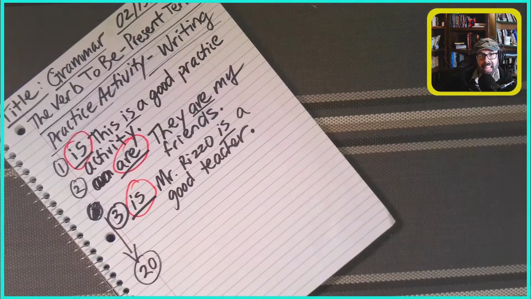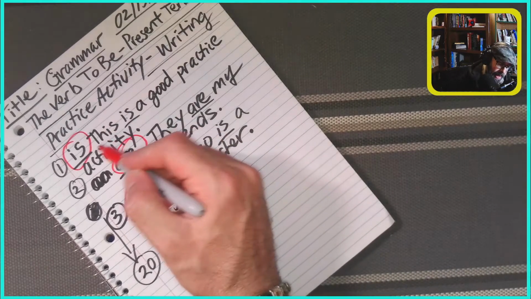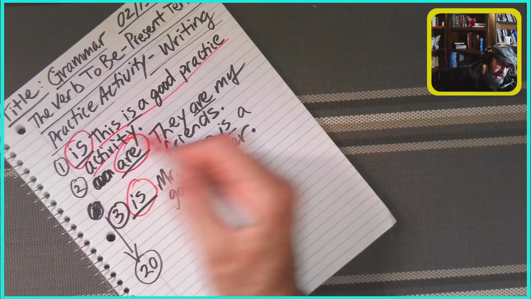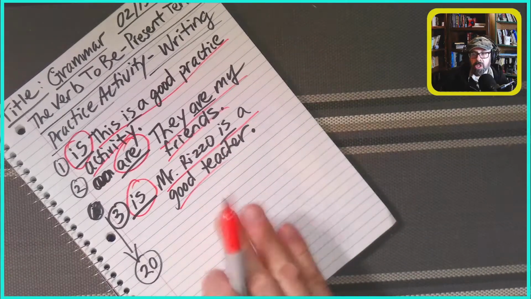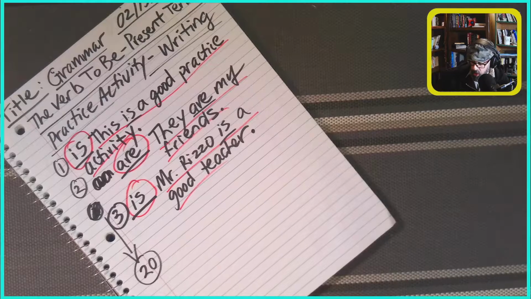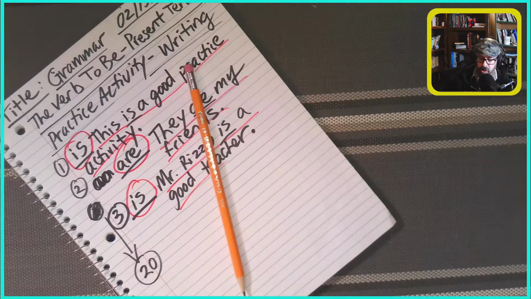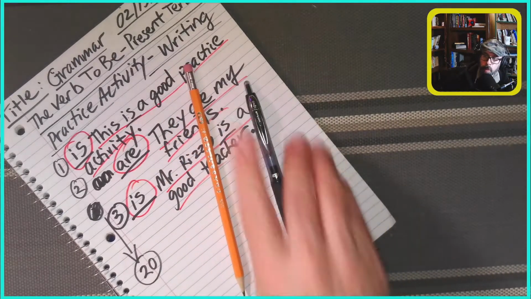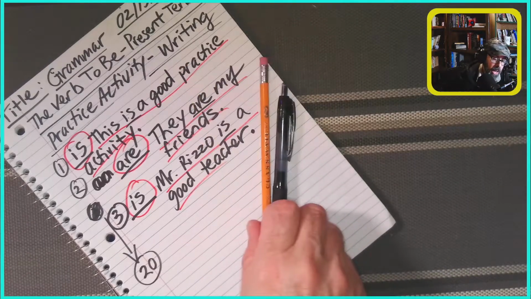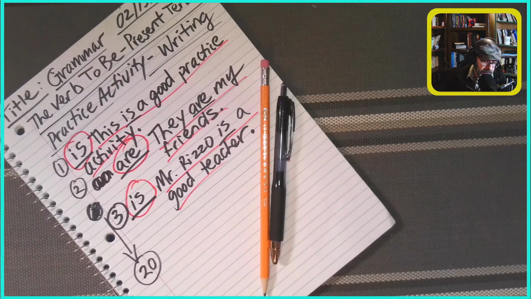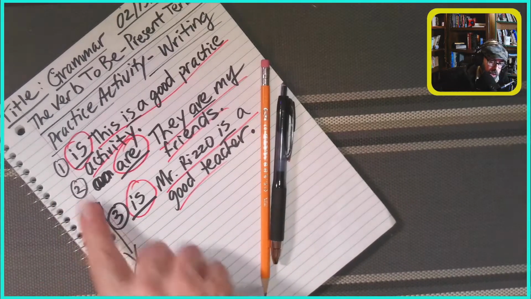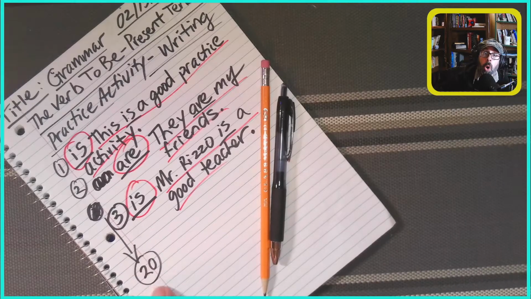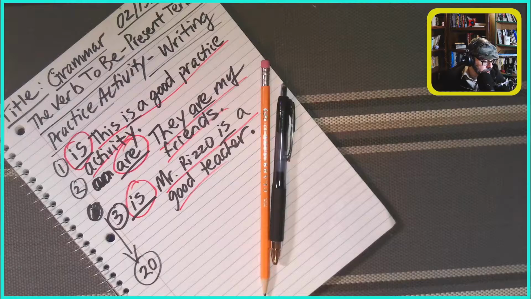So I write the answer first, and then I write the correct statement. Use your paper, your notebook, your pencil or your pen. Practice reading, listening. Guess the answer. We're going to continue from number 3 all the way to number 20, so we have lots of practice.